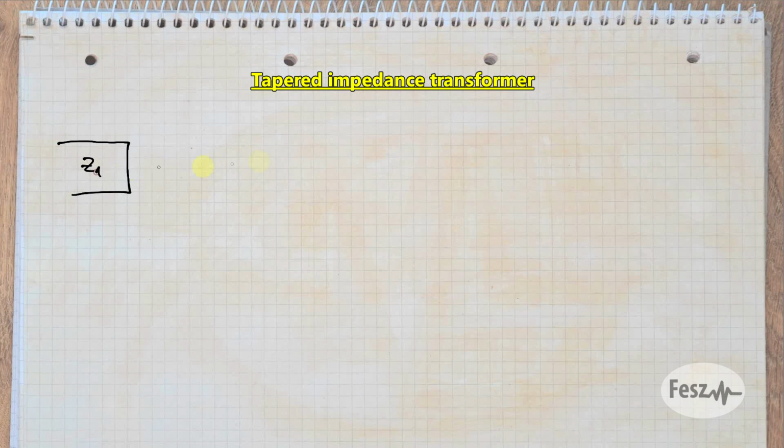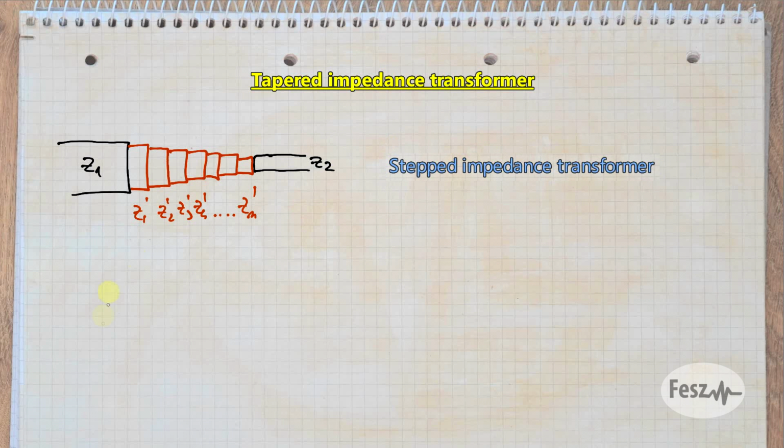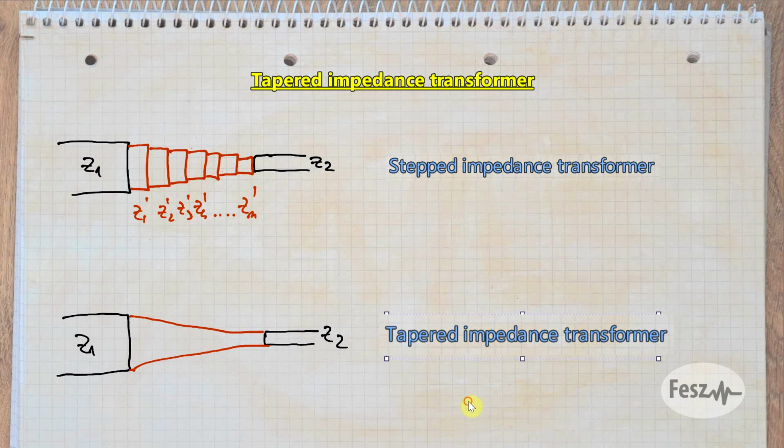So long story short, the taper can be designed as a stepped transformer with a large number of steps, but the actual taper is implemented as a smooth transition from one impedance to another, but with the shape dependent on the individual impedances through which you have to go to get the correct impedance transition.